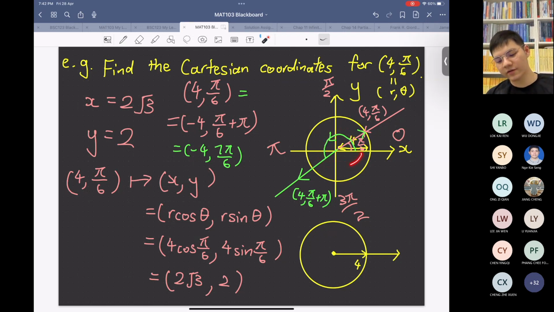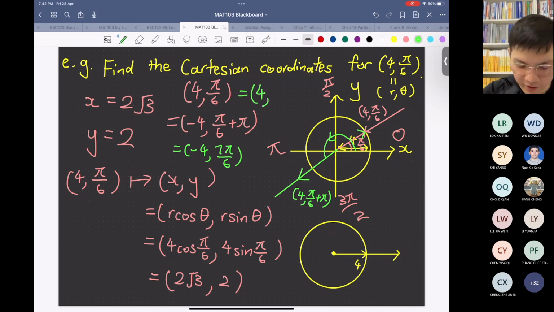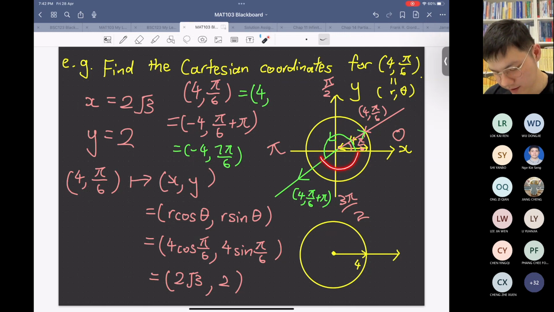What kind of angle should I take if I want to measure this point from a clockwise orientation?